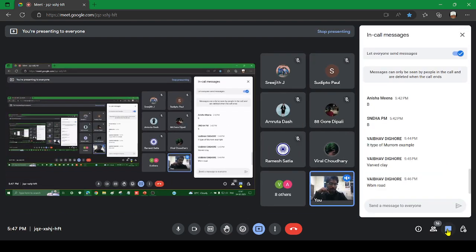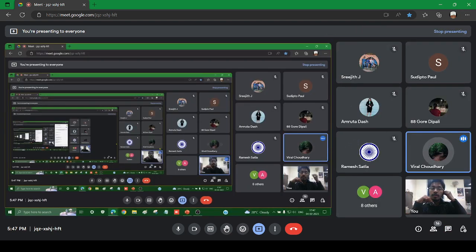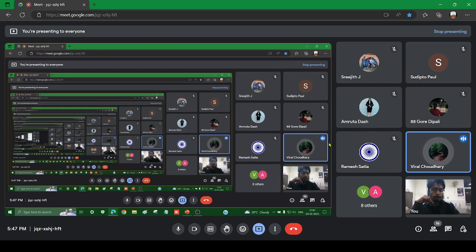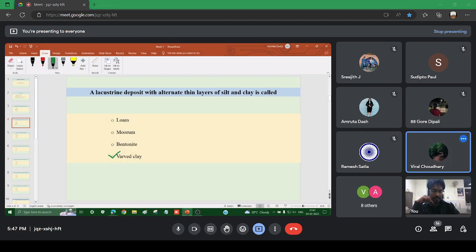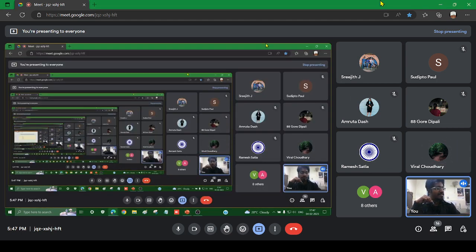Sir, loam soil is the combination of sand, silt, and clay. And what is the specialty in this combination? I think it's uniformity, equal proportions. Approximately, don't use the word equal. Approximately equal proportion of sand, silt, and clay. When it is found, it is called loam.